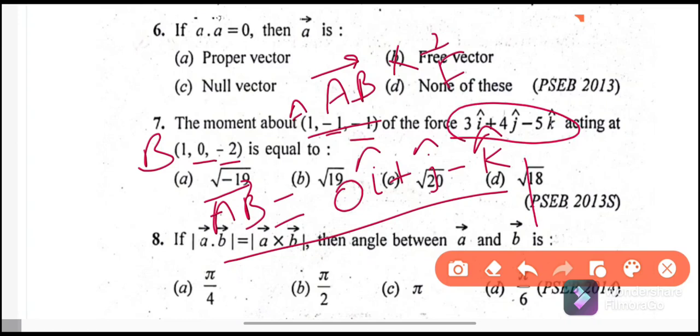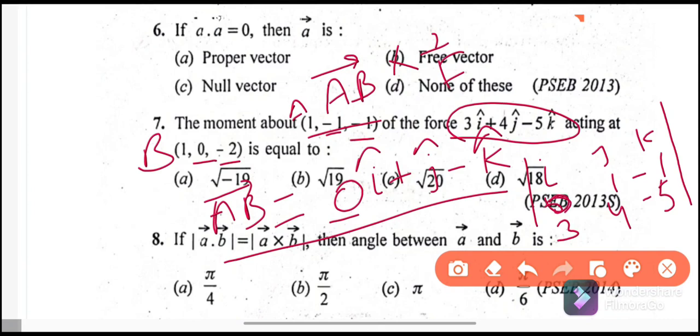Now cross product of AB and F is equal to the determinant of i, j, k, then 0, 1, minus 1, and 3, 4, minus 5.